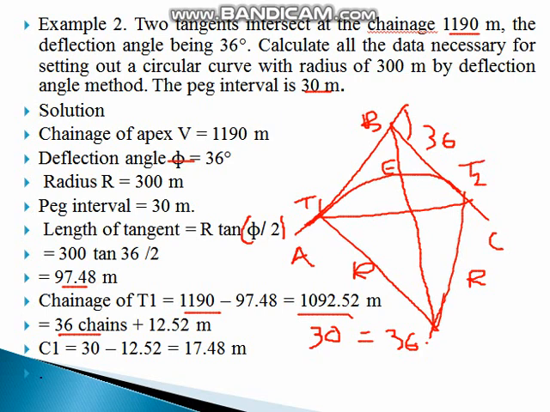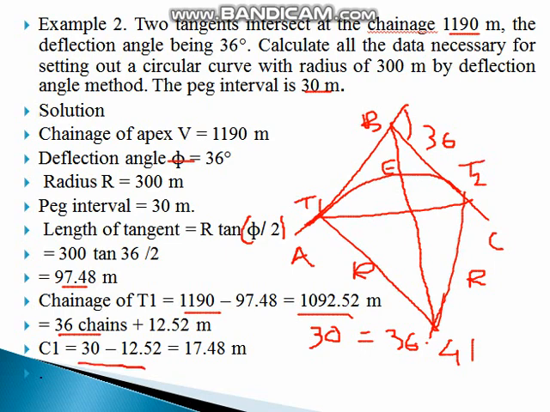Dividing 1092.52 by 30, you get the value 36.41. That is why I have written 36 chainage plus the remaining part. Multiplying 36 by 30, you get 1080, and then the 12.52, this is the value.